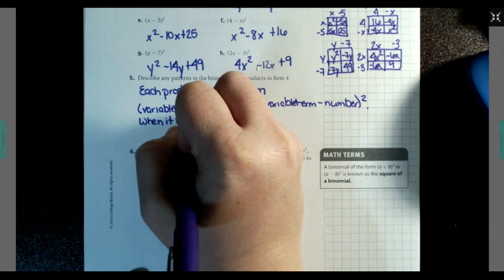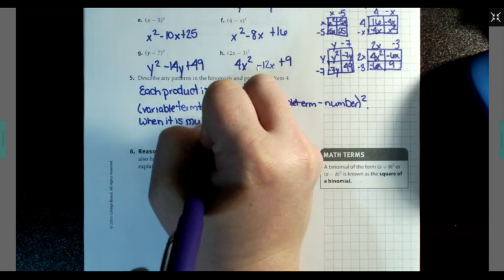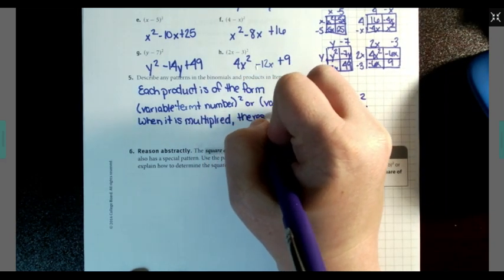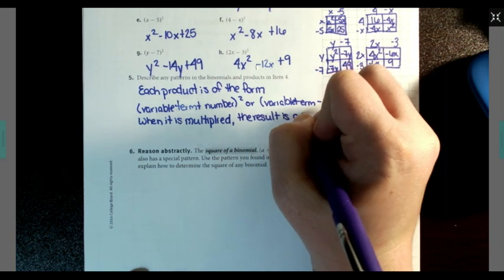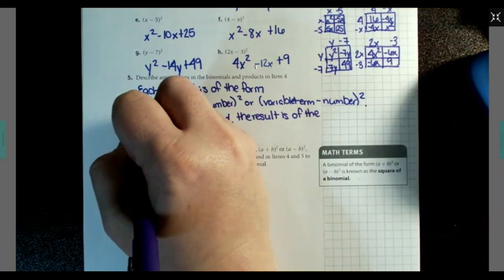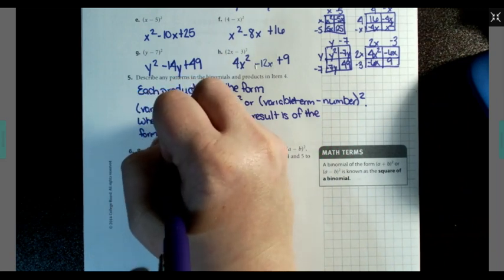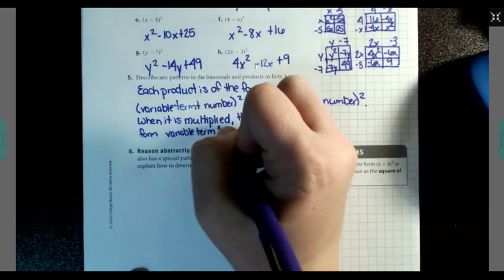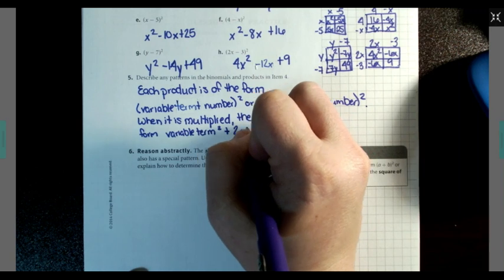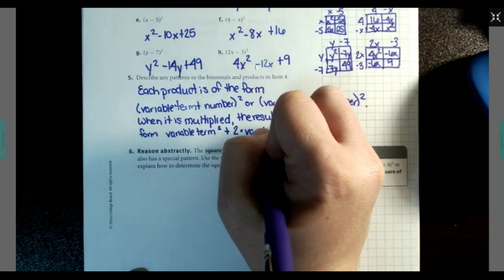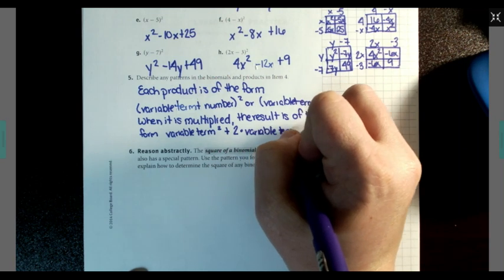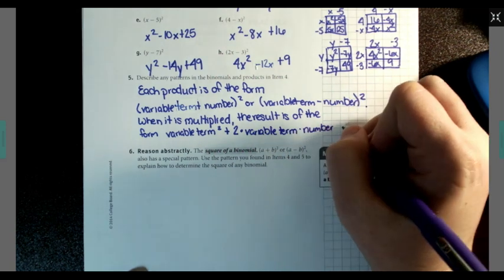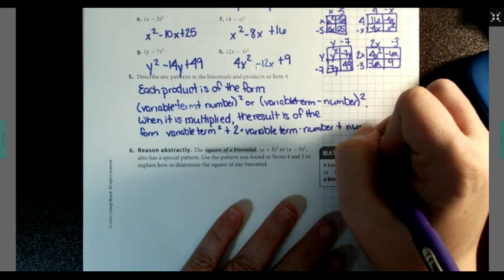When it is multiplied, the result is of the form variable term squared plus 2 times the variable term times number plus number squared.